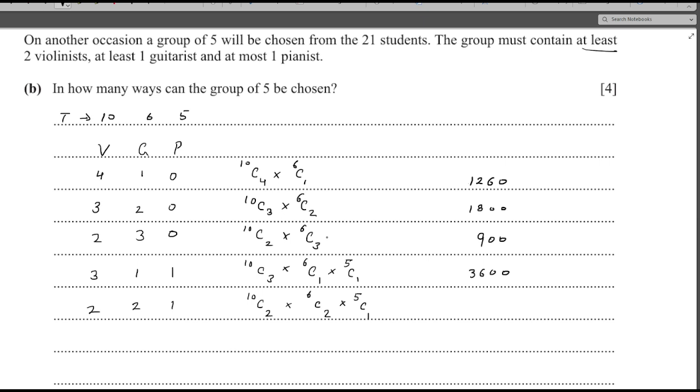So here I have 3375. Now total number is 1260 plus 1800 plus 900 plus 3600 plus 3375. So total is 10,935.